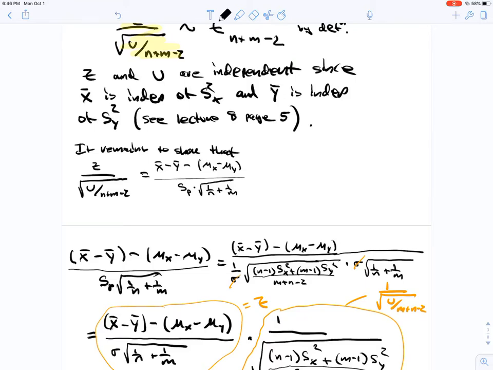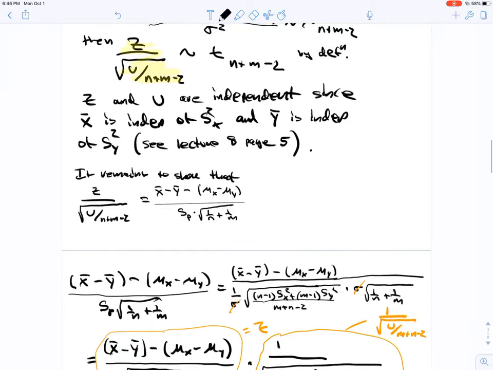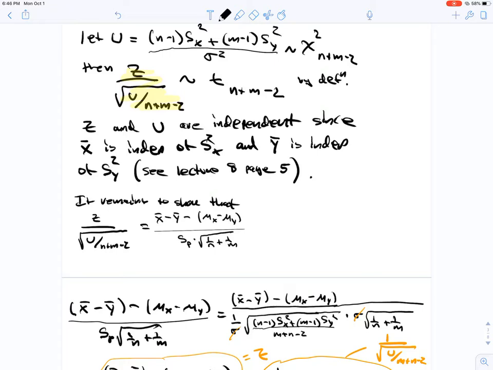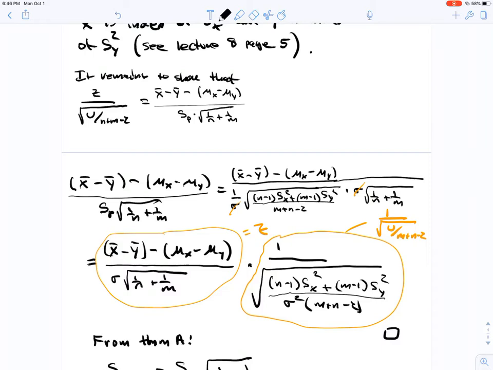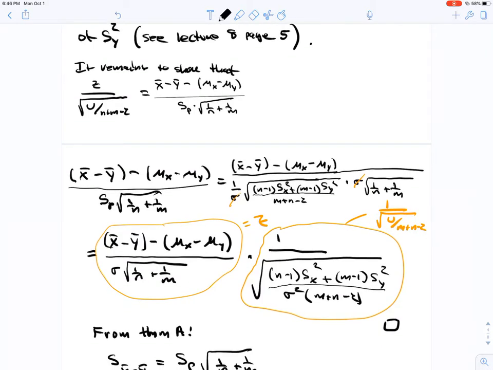So it remains just to show that what we have, z over the square root of u over n plus m minus 2, is our test statistic. So I just do some algebra here. It's pretty straightforward, and that's it.